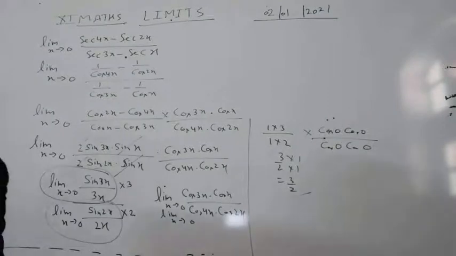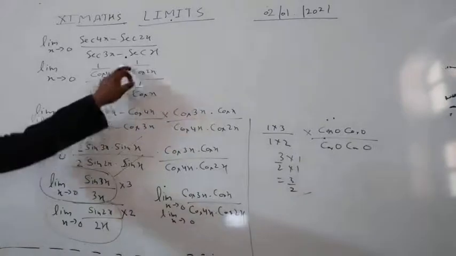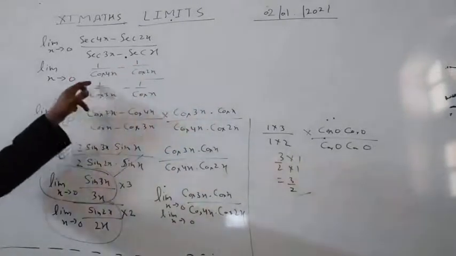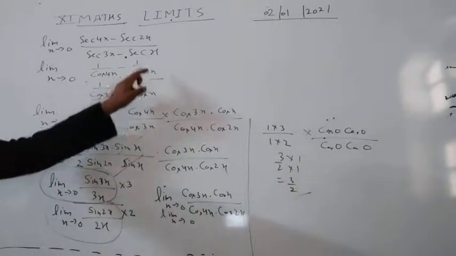Okay, so let's see once again student what we have done in this question. We have to find limit x tends to 0 (sec 4x minus sec 2x) by (sec 3x minus sec x). So limit x tends to 0, first of all we have changed this sec theta into 1 by cos theta. So we can write 1 by cos 4x minus 1 by cos 2x, 1 by cos 3x minus 1 by cos x.